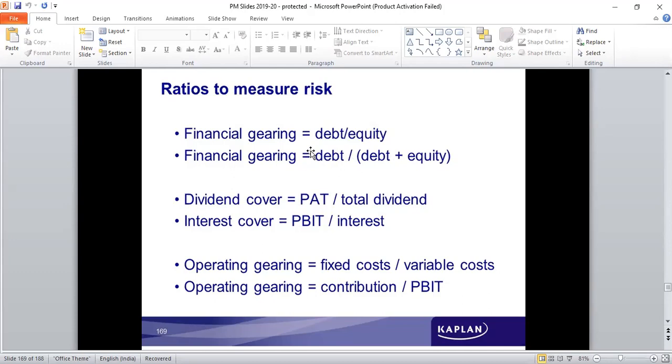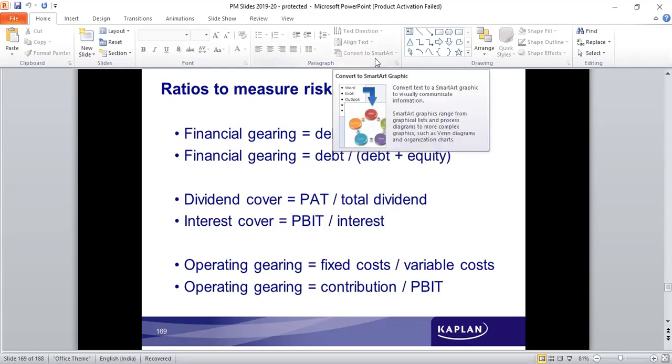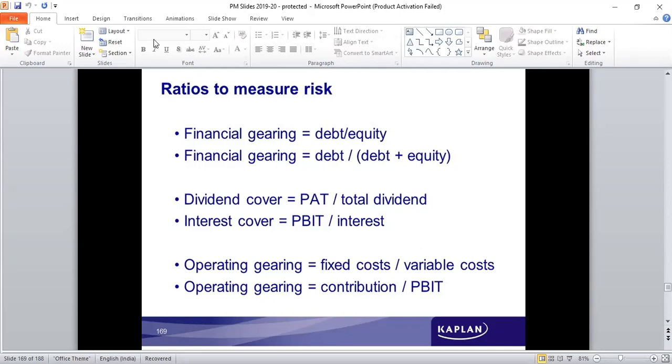Then we see dividend cover. Dividend cover is equal to what is the amount of profit which is available to make the payment. We have first interest coverage ratio. So if we talk about the income statement format, we see sales minus cost of goods sold is gross profit.